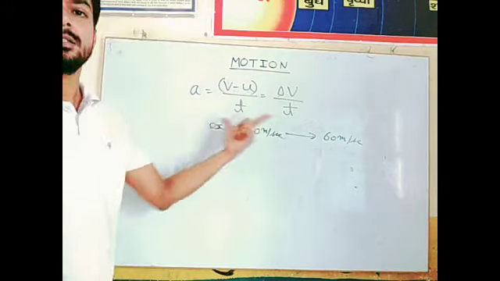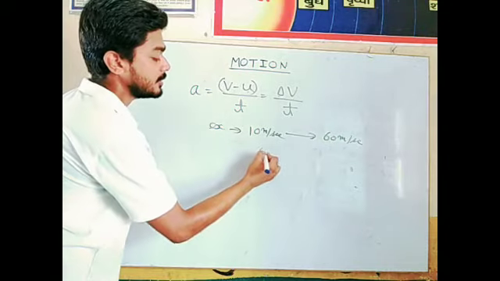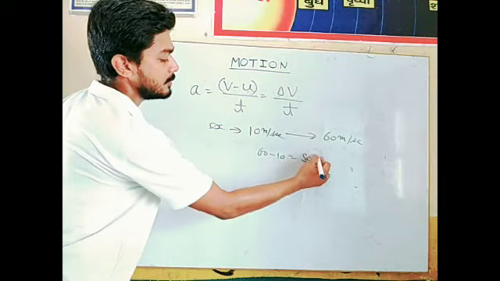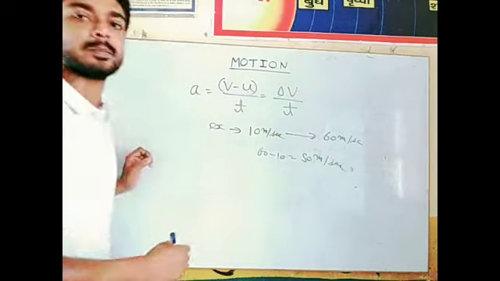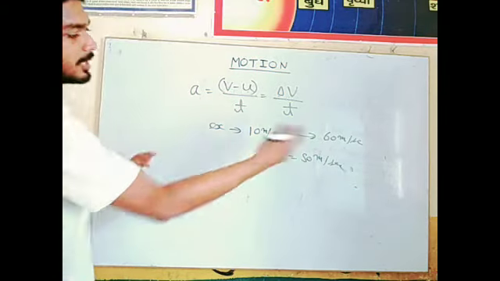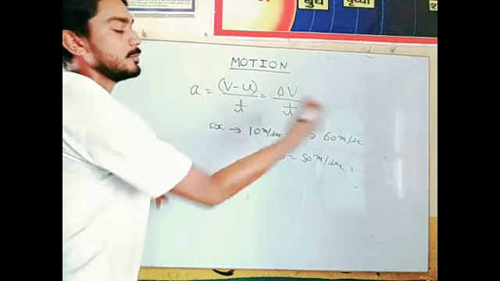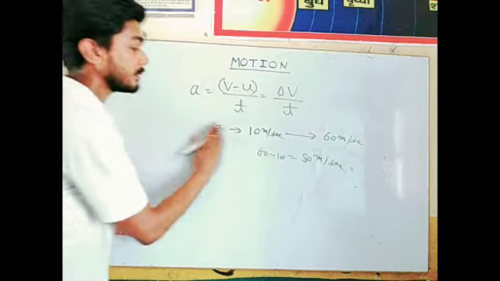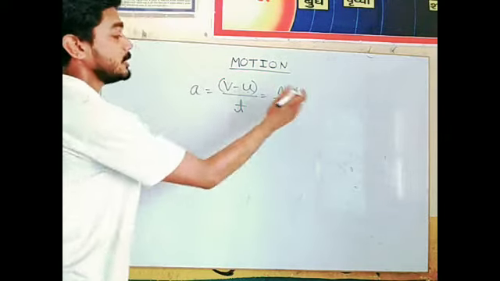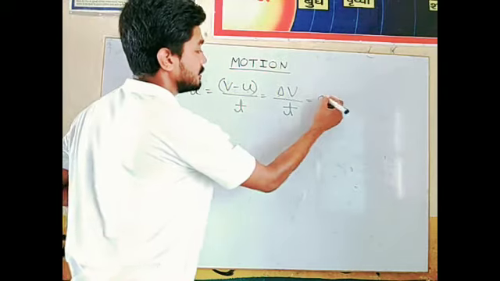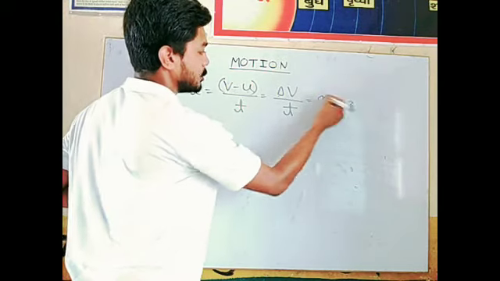Then what will be the change in velocity? You will write 60 minus 10, which is equal to 50 meter per second. The change is calculated by subtracting initial from final velocity. Here the unit of acceleration is meter per second square.